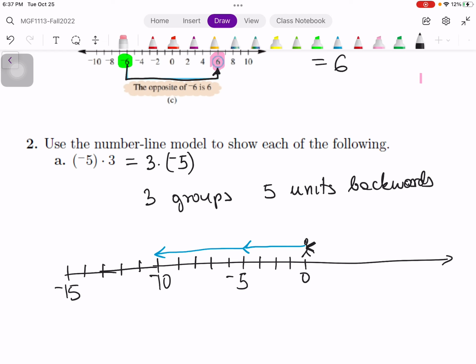So I'm moving backwards 3 times 5 units backwards, right? So I end up at the end here, still facing east, right? But if I went backwards 3 times 5 units backwards, I ended up at -15. So the solution reading from the number line is -15. Okay.